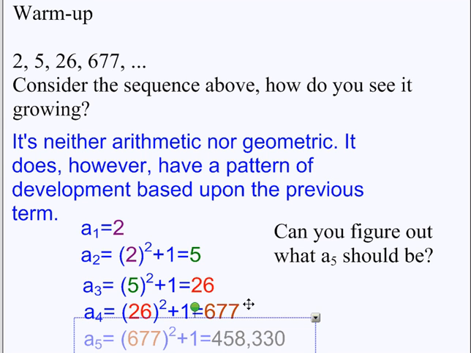If you think that it should be 458,330, you are correct. Because we have 677 squared, and that's going to give us 458,329, then add 1, and you get the term here.